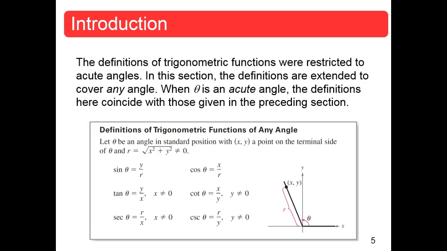Now, the angle theta is the angle in standard position. x, y are your coordinates, but now those x's can be positive or negative, and the y can be positive or negative. In the first quadrant, everything was positive. So these are the coordinates of a point on the terminal side of that angle theta. Now here's a key: r, and it was true before, we probably just didn't say it too much, is the square root of x squared plus y squared.